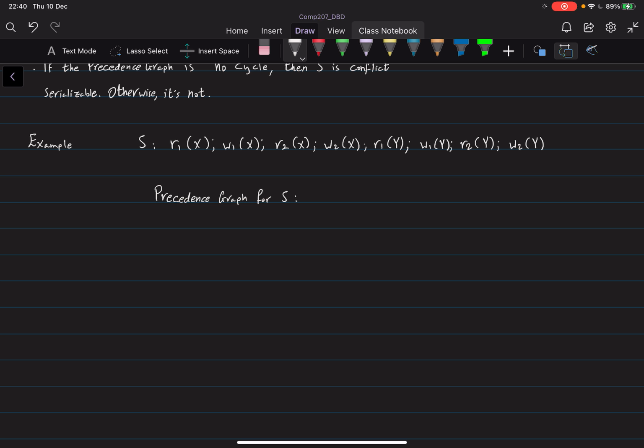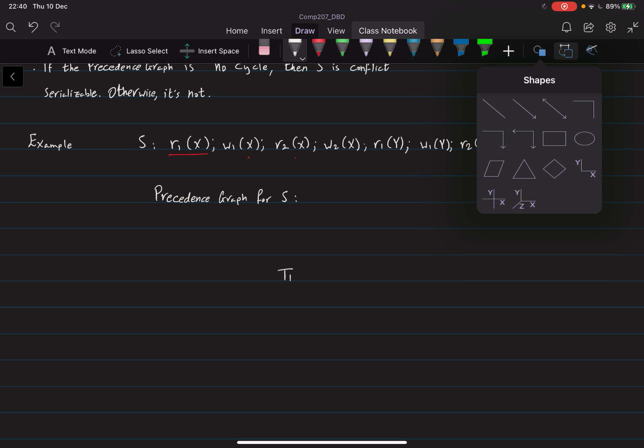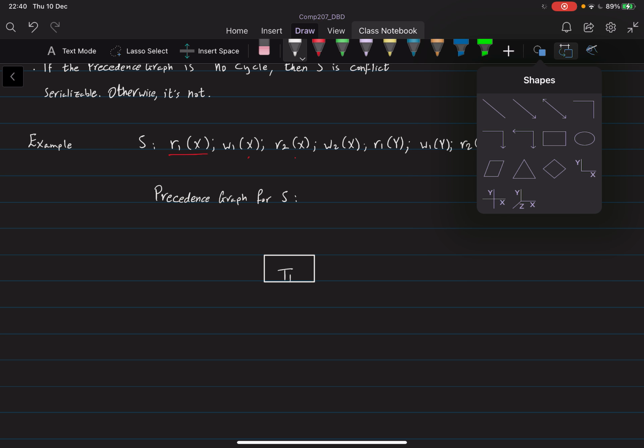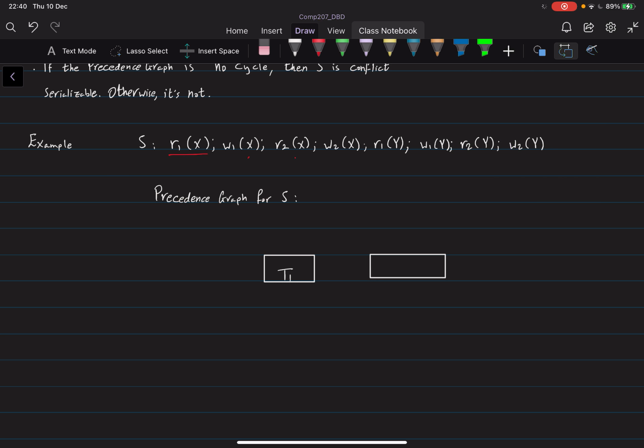Let's see. First of all, we draw T1 and T2, so this is T1 and this is T2.